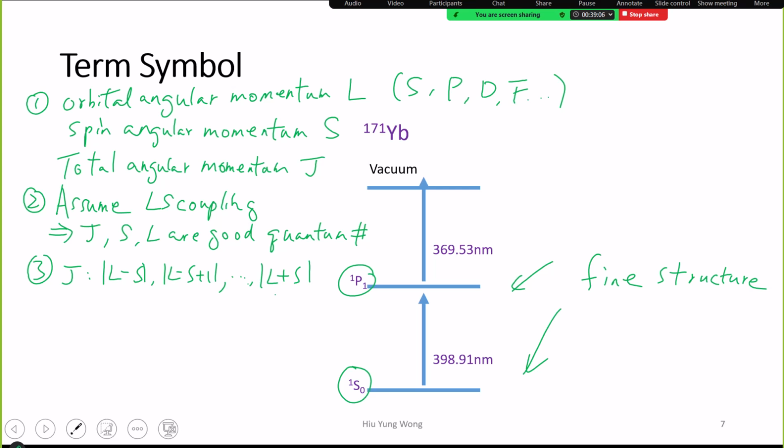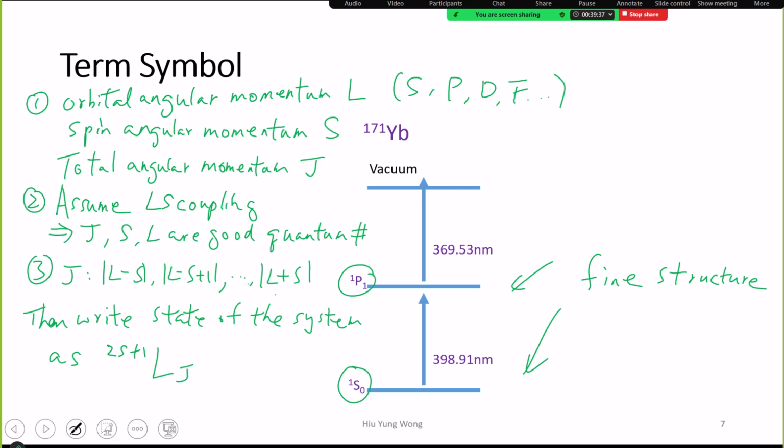Okay, so then we will write the state of the system as 2S+1 L J. We'll write it in this way.